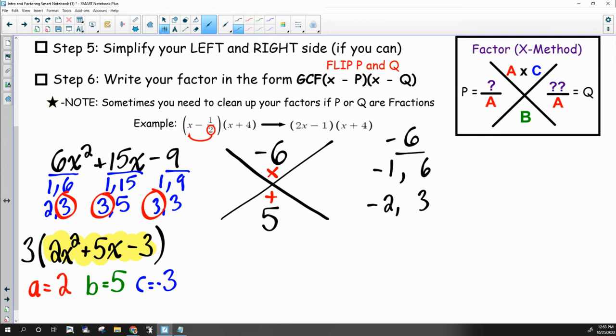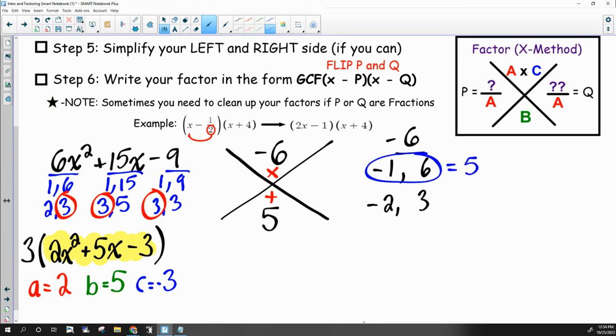Okay? So either -1 and 6 is our answer, or -2 and 3 are our mystery numbers. There's only one way to find out. We add. What's -1 plus 6? 5. Does that work? That's the winner. Winner, winner, chicken dinner. -1 plus 6 is 5. That's our winner.